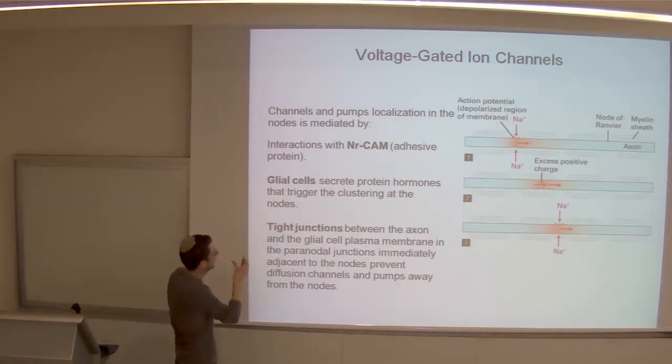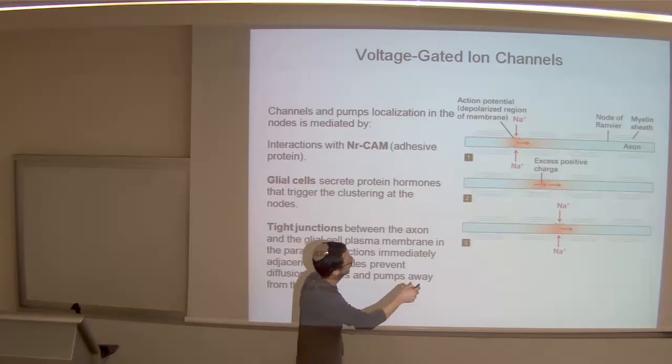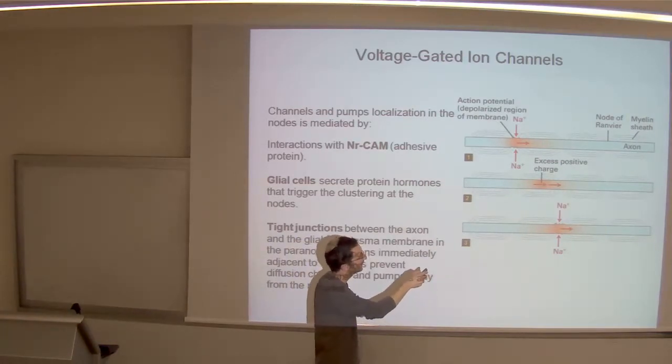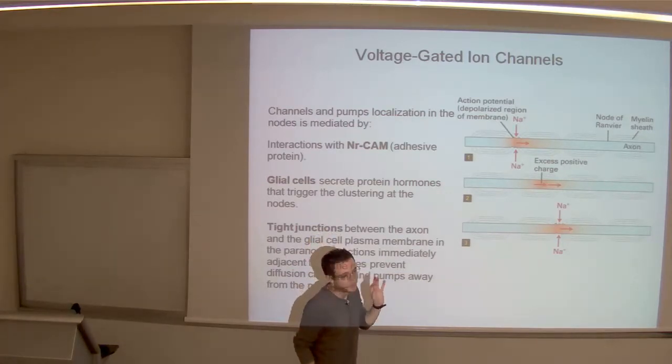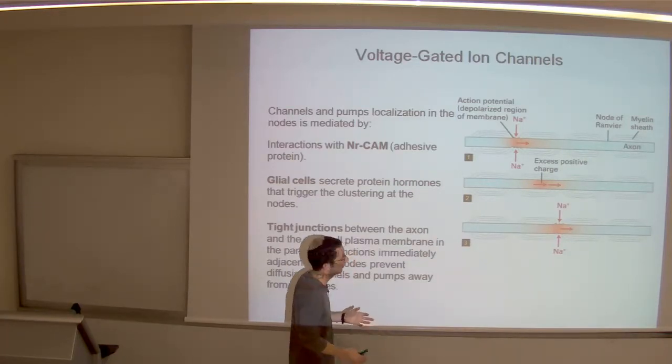Now, if I tell you that the voltage-gated channels are concentrated right here at this site of the plasma membrane, but I've also said that the plasma membrane is fluid, and proteins are in constant movement along it, how do we settle these two things together?